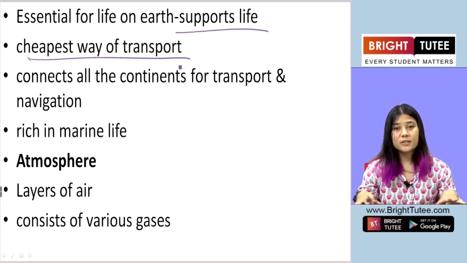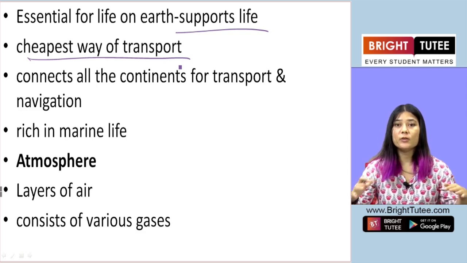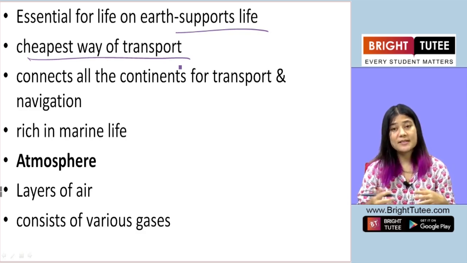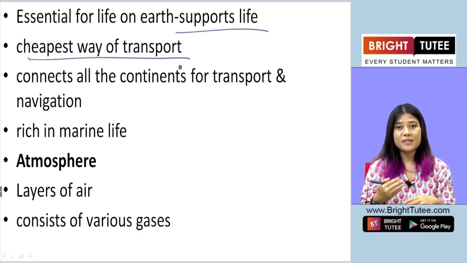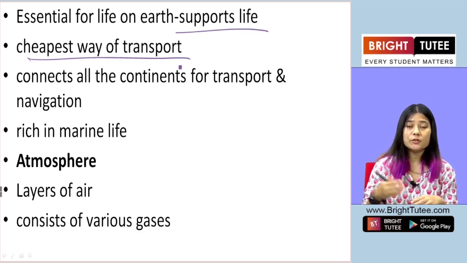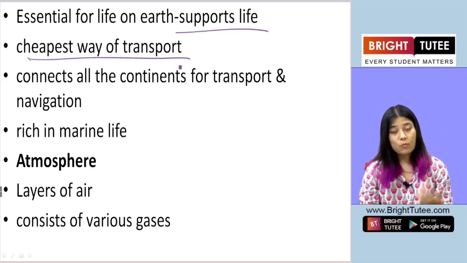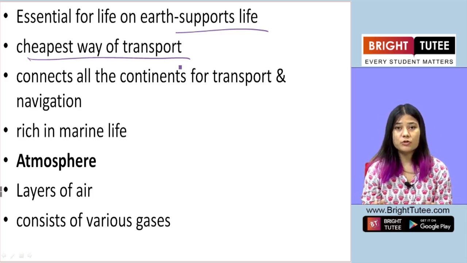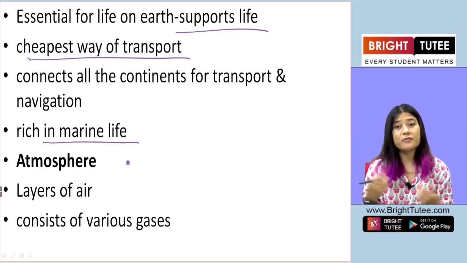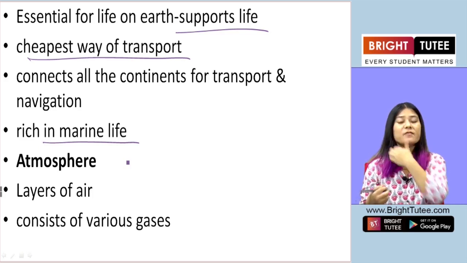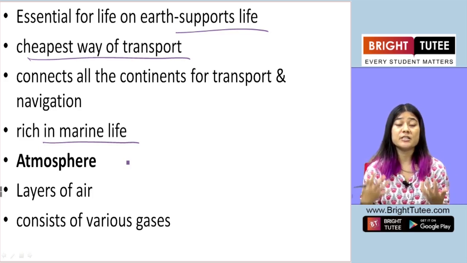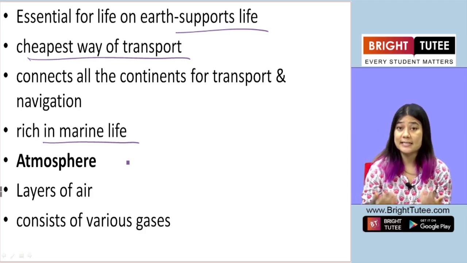The ocean connects all the continents, so this makes transport and navigation through the water to reach different continents easier. The hydrosphere, the ocean, is also very rich in marine life, so it provides us with diverse marine species, animals, plants, etc.